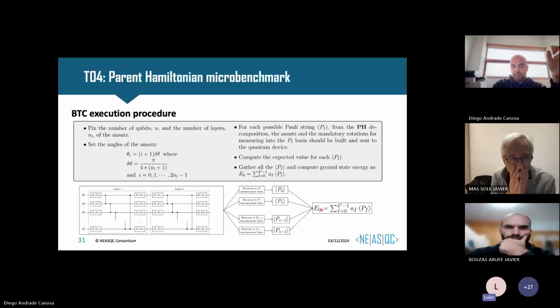Yeah, thanks. I think I get the general idea. Actually, if you visit our repository, we have an implementation that, given an ansatz, is able to generate the corresponding parent Hamiltonian and its decomposition in Pauli strings. Great, thanks. I'll take a look. You're welcome.